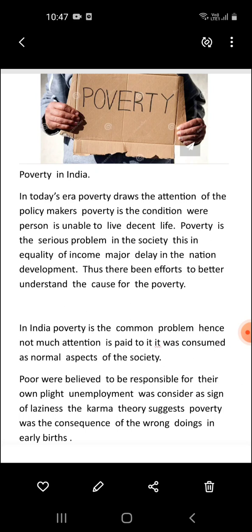And there are two types of poverty. One is absolute, another one is relative. Now let's have a look at the basic causes of poverty.